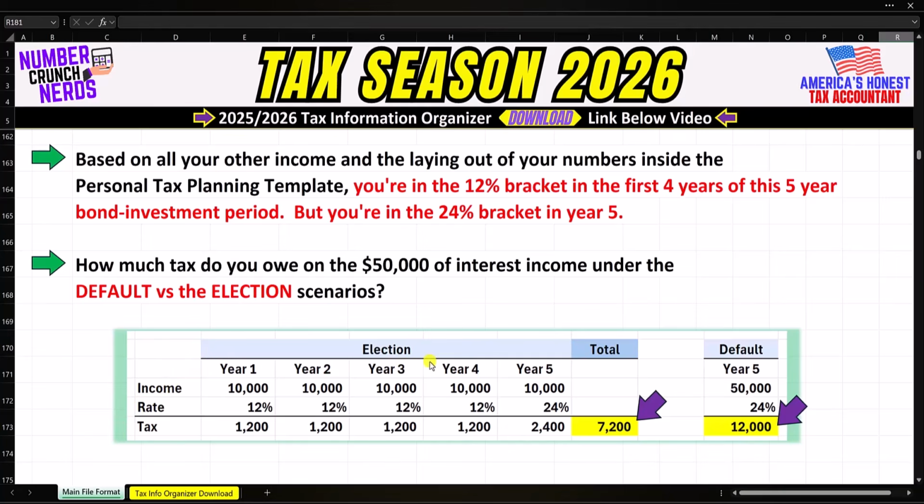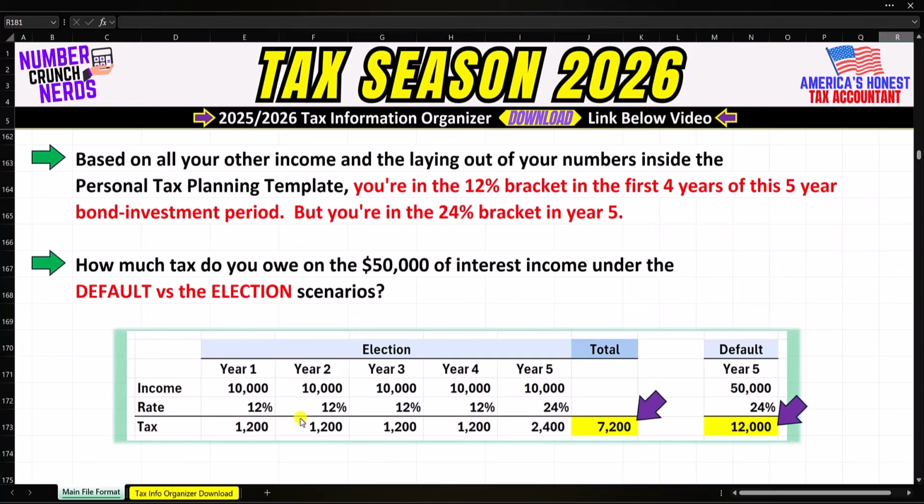Under the election scenario, where you choose to recognize the interest income over time instead of waiting till the end, you chose to pick up 20% of the interest income each year, or $10,000 in year 1, year 2, year 3, year 4, and year 5.